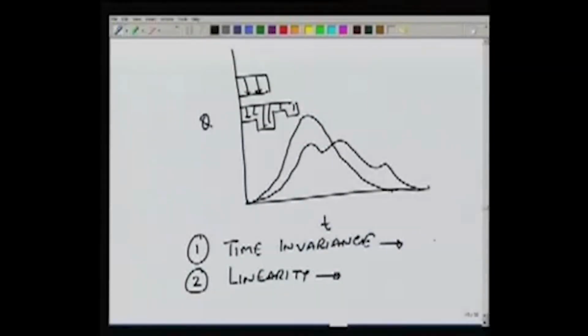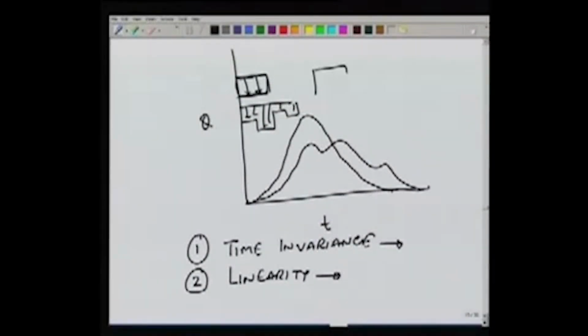So time invariance means that with time the hydrographs are not changed. If the same rainfall is occurring, no matter whether it's occurring at time t equal to 0 like this, or at time, let's say t equal to 3 days, it will produce identical hydrograph. Of course, it has to be shifted.